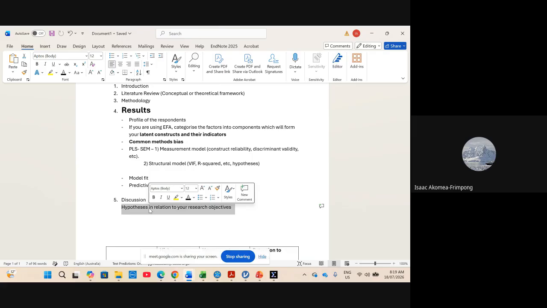What is new? What are your findings, your results? Are they contradicting what is already known in existing studies, or are they supporting what is already known? That's the discussion part. That's what it's supposed to be.